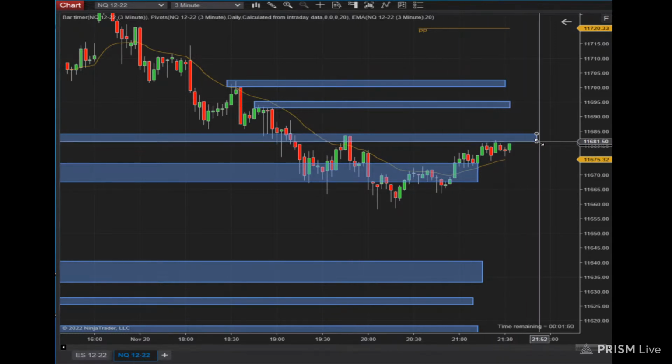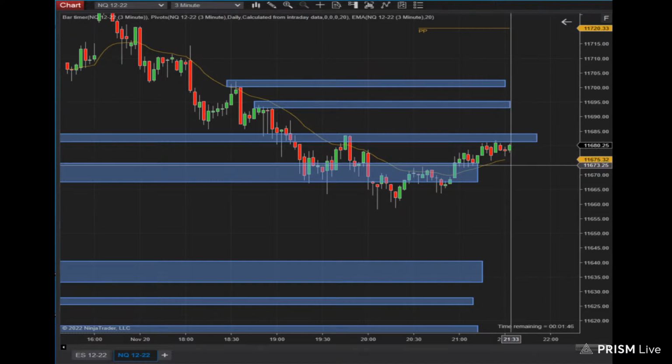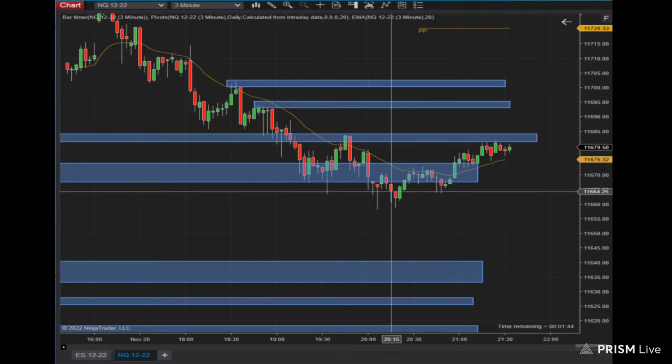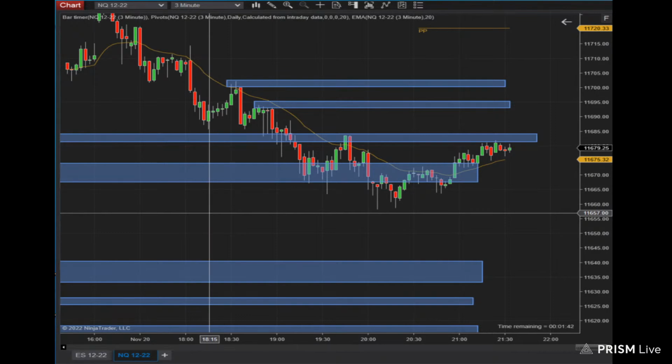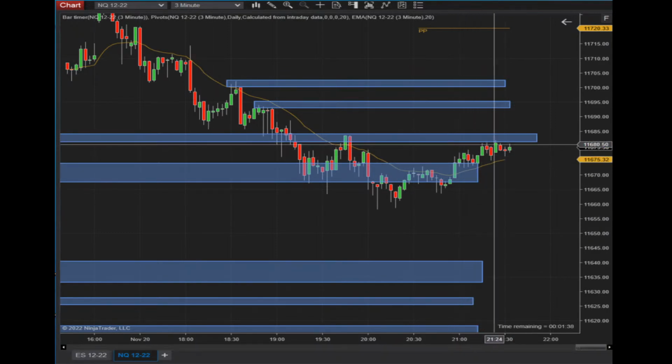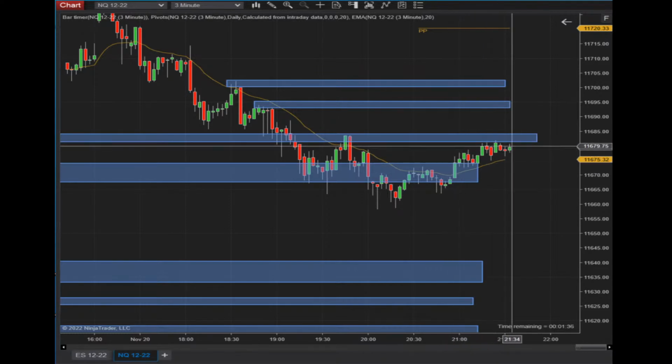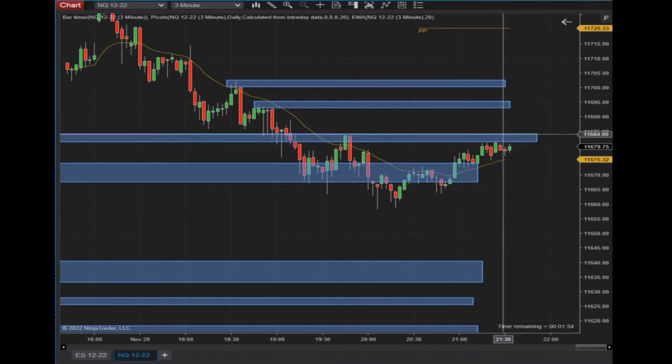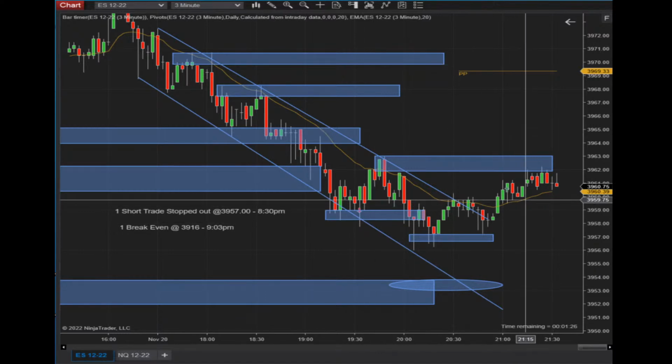This NASDAQ is trying to move up past this level. Doing some consolidation. It's trying to just barely ladder up, but it's having a tough time getting through this area right here. There's just no buyers. So I'm not getting into that.